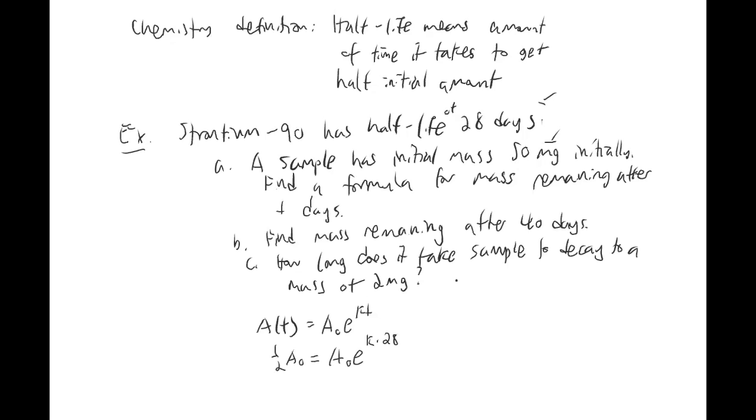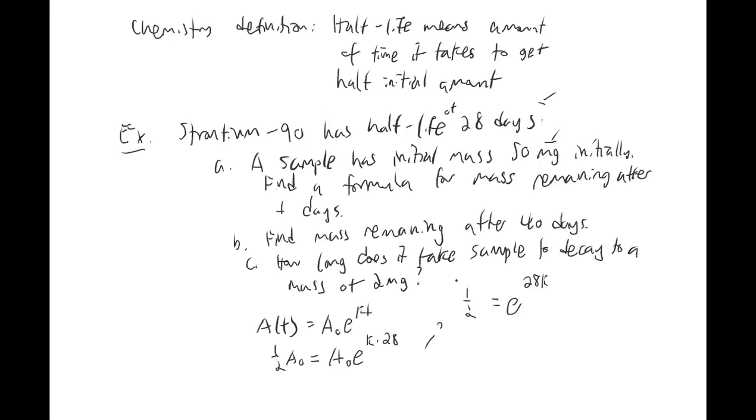So half-life is the amount of time it takes to get half the initial amount. So if the half-life is 28, after 28 days, I have half of A naught, right? But in any case, we're just going to divide by A naught, right? So you get 1/2 equals e to the 28k.